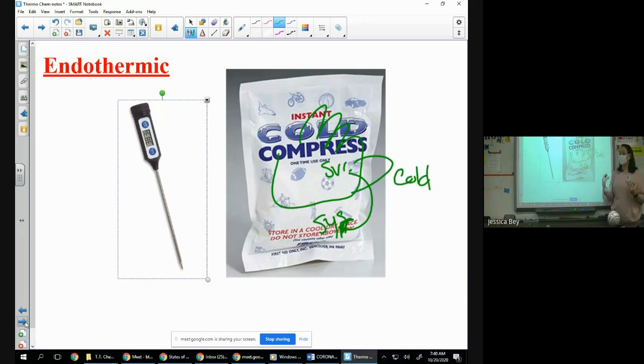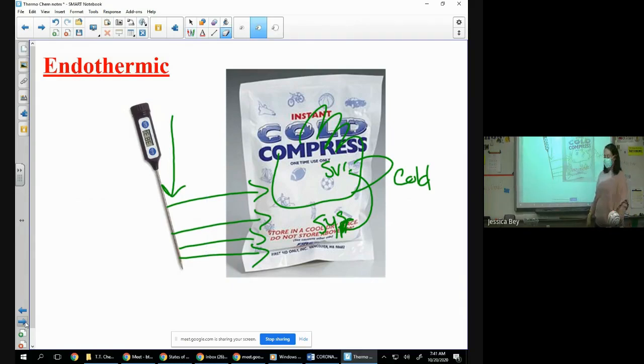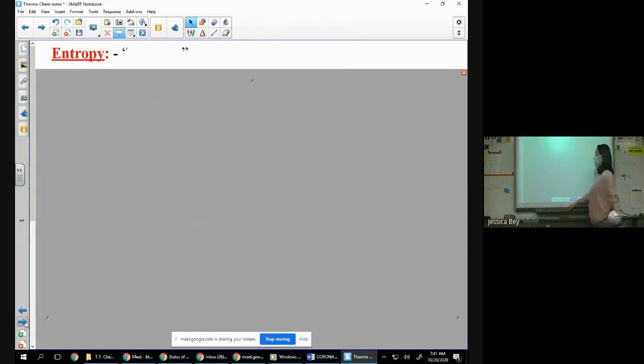So when it's endothermic, it would actually bring down the temperature because you're taking energy away from the thermometer. And when the thermometer feels a slowdown in molecular movement, okay, the temperature comes down. So endothermic, you're taking energy in and it's cooling down its surroundings, if that makes any sense. That's probably why it tends to be a little confusing.